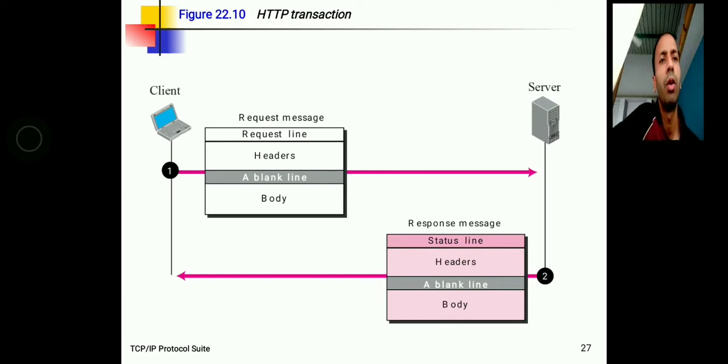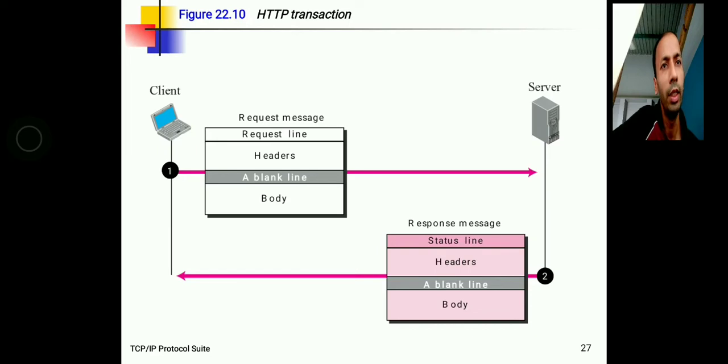Today we'll see all these parameters in detail. When the server accepts and processes the request, it sends the response message also. The response message also has different components like status line, different types of headers, blank line, and the body. Today we'll see the request message and response message components.